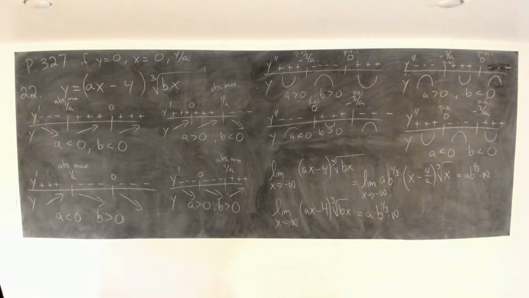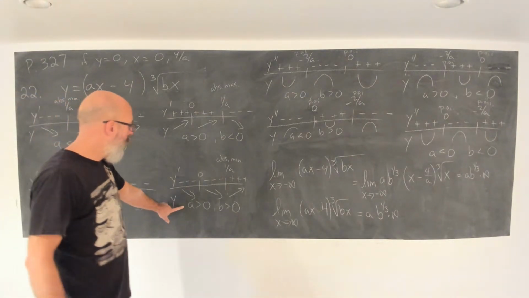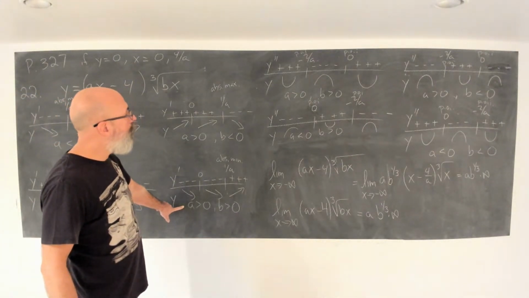All right. So now let's graph. I am slightly worried that we're not going to have enough room. So let's concentrate on two graphs only. Let's take the one where A and B are both positive.